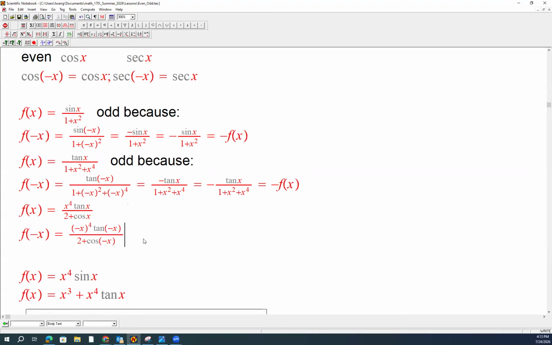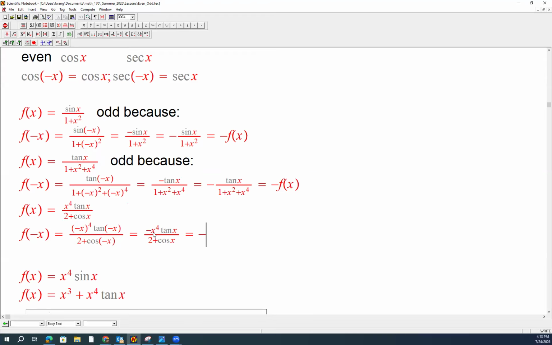X raised to the power 4 is the same as x raised to the power 4, so remove the negative sign. Tangent of negative x is negative tangent x, so we have an extra negative sign outside. Cosine x is even, so cosine negative x is the same as cosine x.